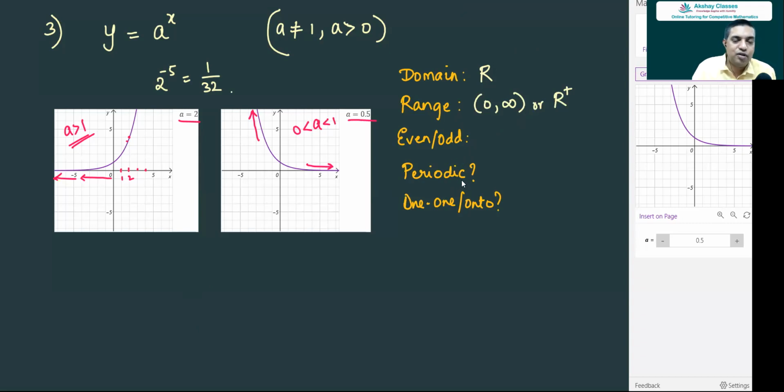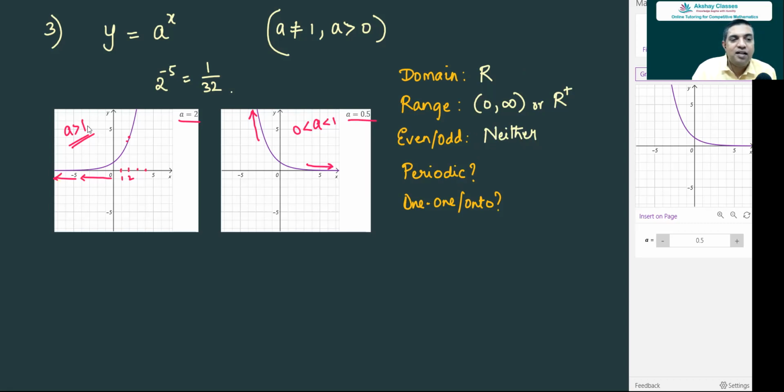Is it even or odd? It is neither even nor odd. Because for an even function, it should be symmetric about the y-axis. It should be mirror images about the y-axis.